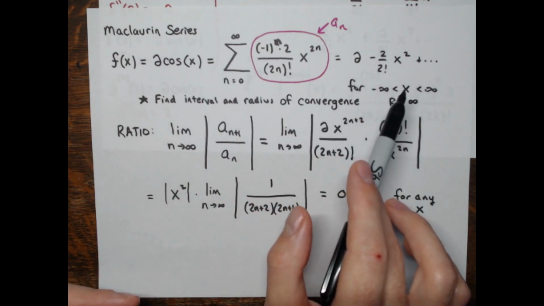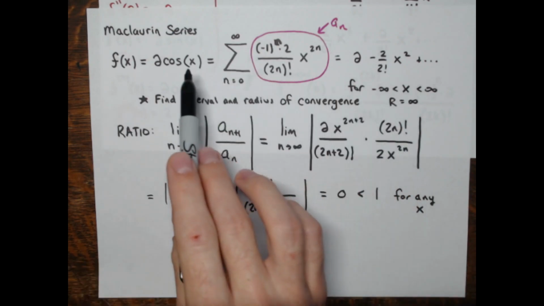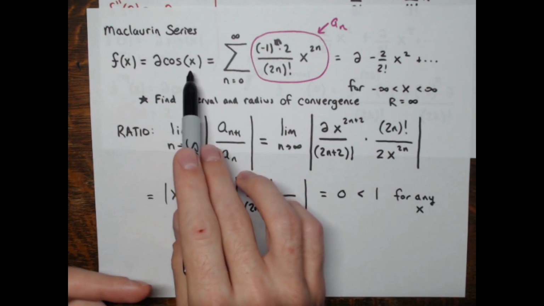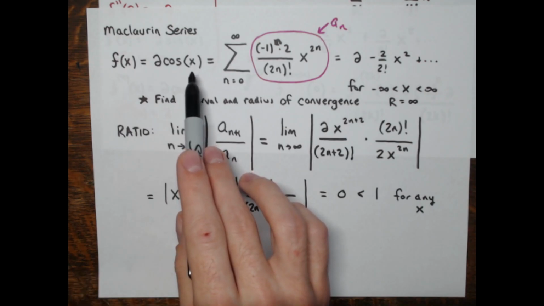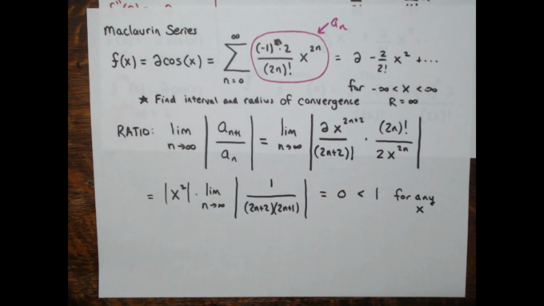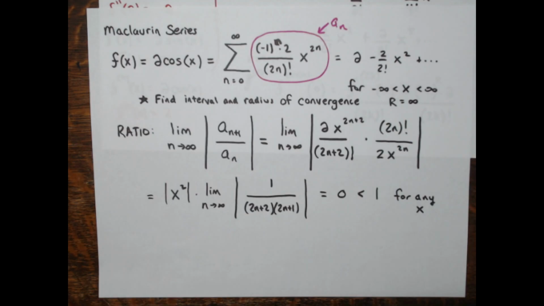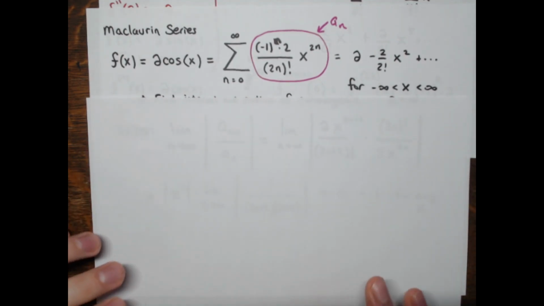Now, if there was an interval of convergence that was smaller, and then they asked me to use the Maclaurin series to approximate something with a value of x outside of the interval of convergence, it wouldn't make any sense. It only makes sense when the value we're using is actually part of the interval of convergence, which here every value is.